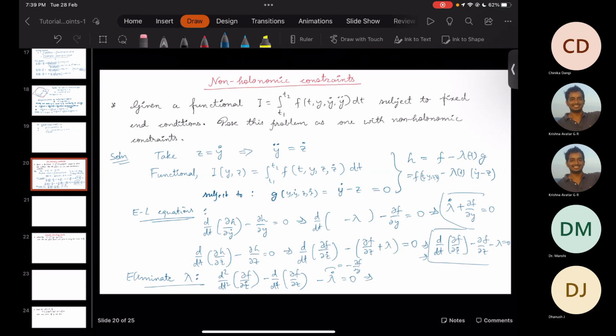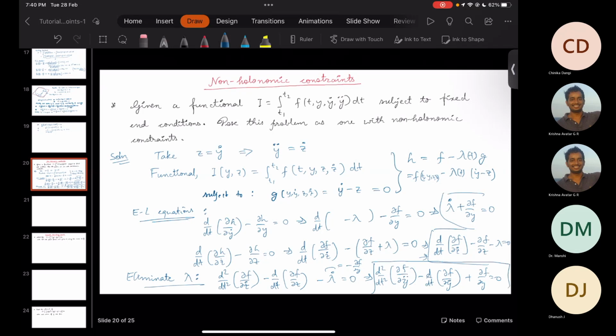And then we have d²/dt², and then putting the value, z dot is nothing but y double dot, minus d/dt of ∂f/∂y dot plus ∂f/∂y. And this is nothing but the Euler-Poisson equation for the actual function.